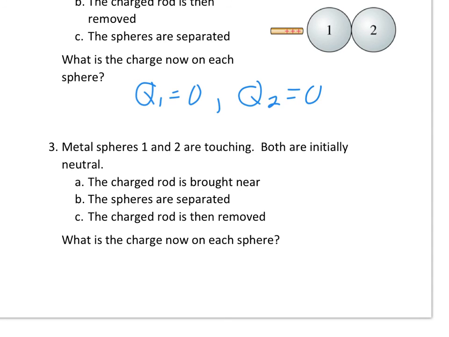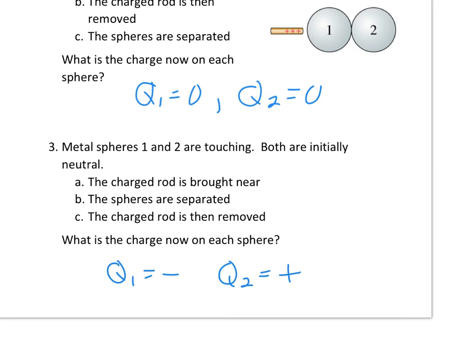So that's going to make this a negative sphere. So Q1 will be negative. Q2 is going to have an excess of protons. So Q2 will be positive. So the scenario in number 3 was charging by induction. The scenario in number 2 was nothing. It was just polarization, but nothing was actually charged.